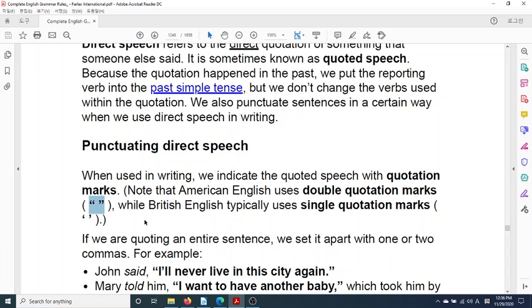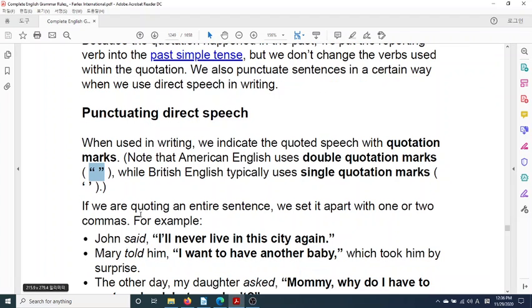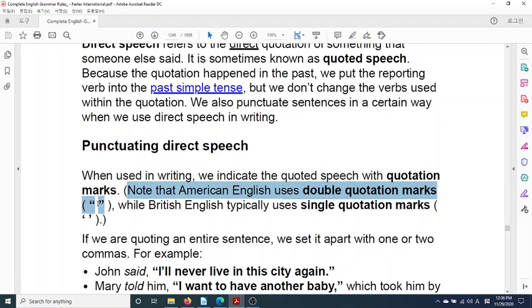So there we have the past tense of say, said, and you would put it in quotation marks, right? This is for American English, by the way. That's why all of my quotation marks look like this. British English often uses single quotation marks. In American English, we use single quotations inside of quotations.